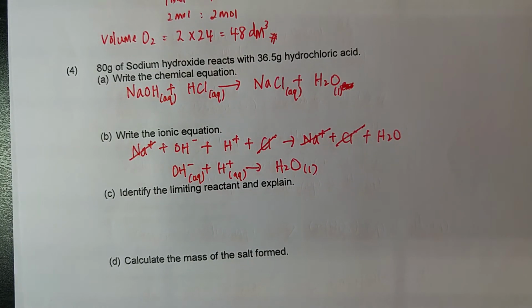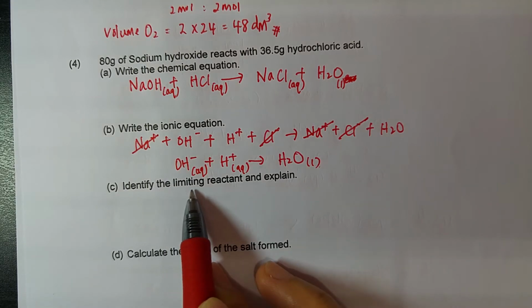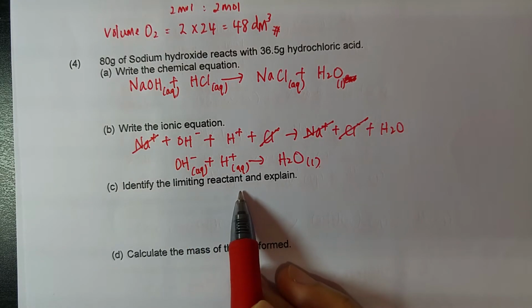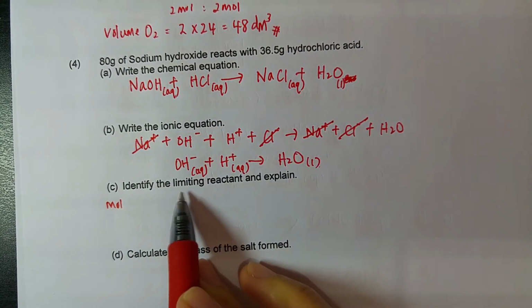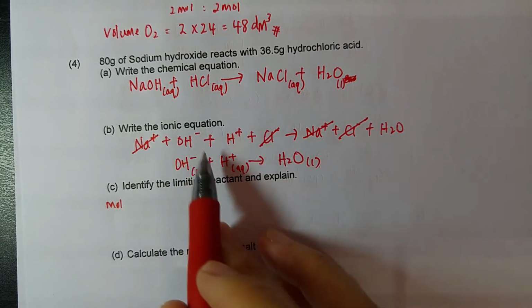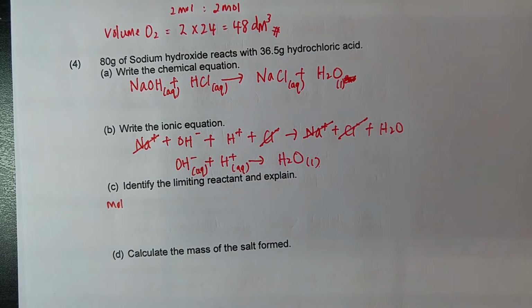Now for part C is to identify the limiting reactant and explain. Again, we have to always look at the mole ratio. It says limiting reactant, right? So you only look at the reactants. The reactants in this case would be sodium hydroxide and HCl.